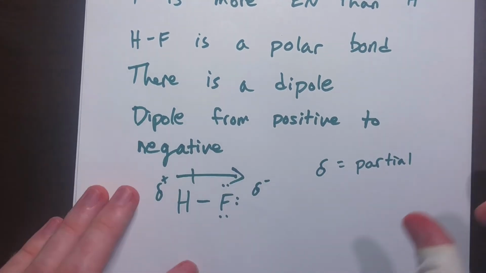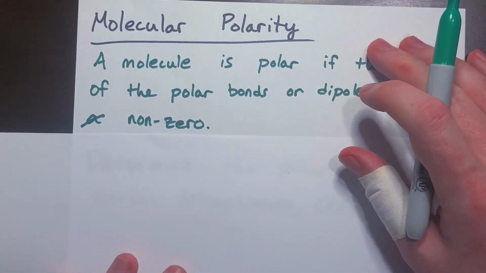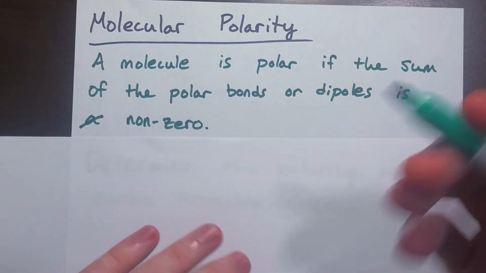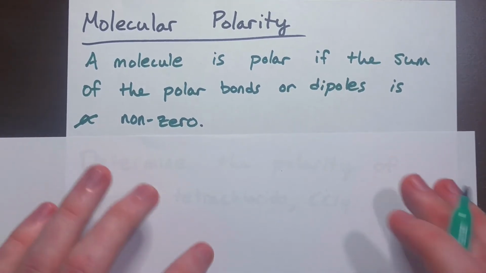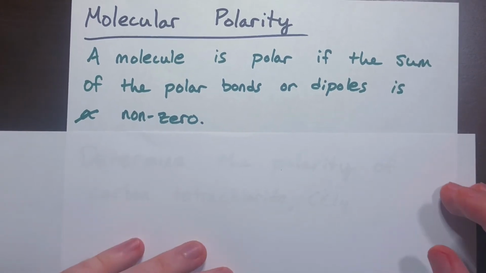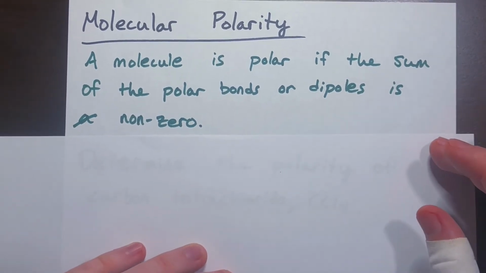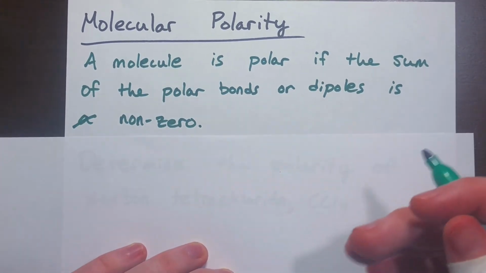So now the next thing to talk about is this idea of molecular polarity. A molecule is polar if the sum of the polar bonds or dipoles is non-zero. So this is why I introduced bond polarity first, because you have to be able to draw all the dipoles, understand the bond polarity to then add them up and determine if the molecule itself is polar.